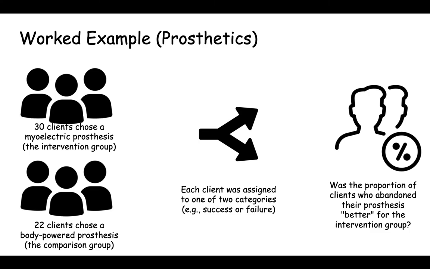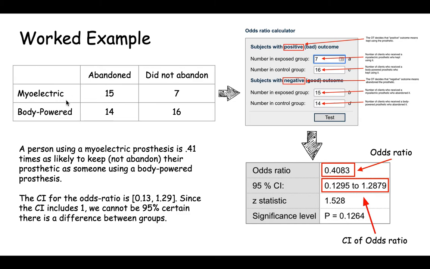So returning to our example with the prosthetics, given these numbers for who abandoned and didn't abandon, we can fill out an odds ratio calculator. And here you need to be consistent and use common sense.